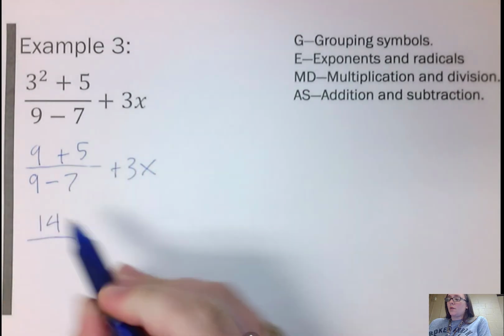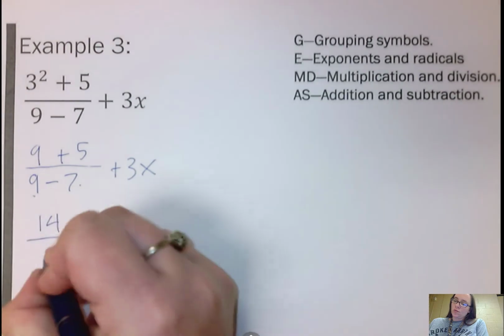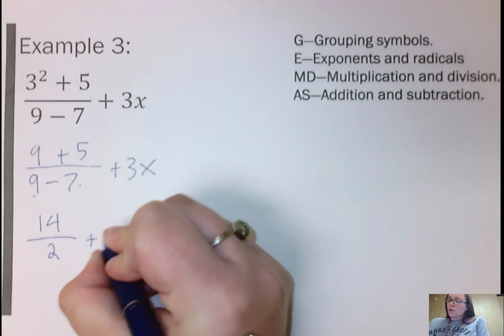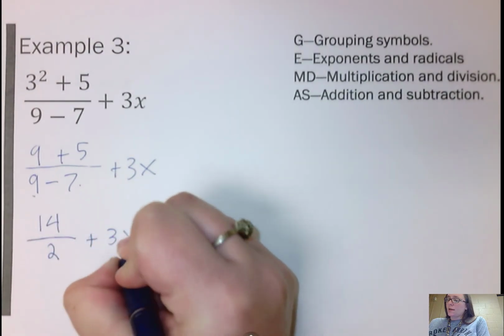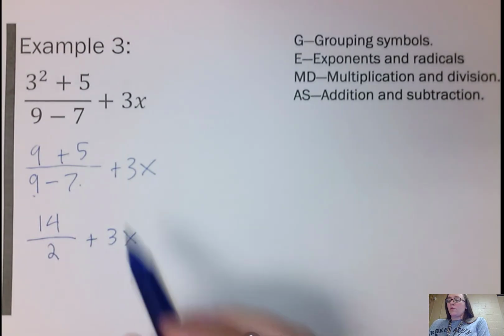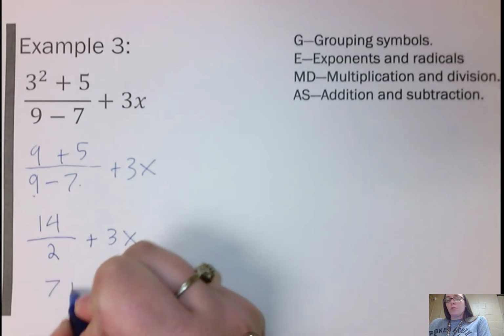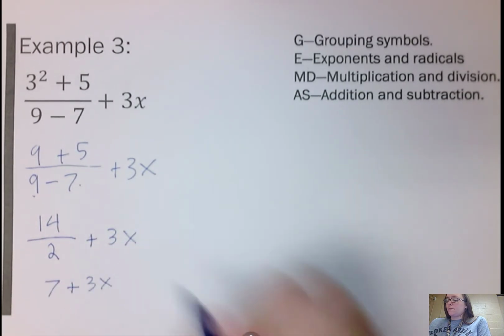I'm going to go ahead and work the denominator out as well. 9 minus 7, which is 2, plus our 3x over here. 14 divided by 2, because remember a fraction is just division. Leaves me with 7 plus 3x.